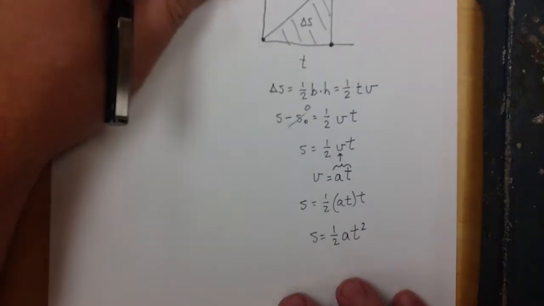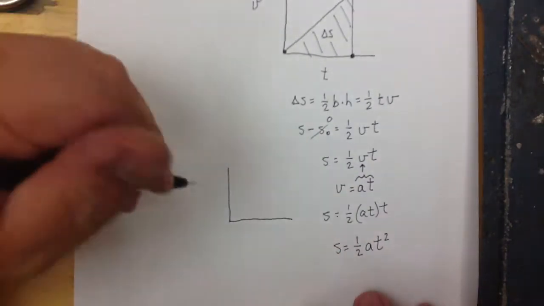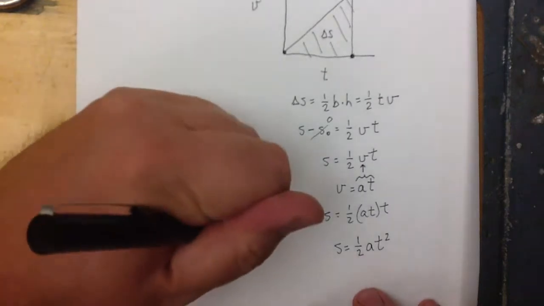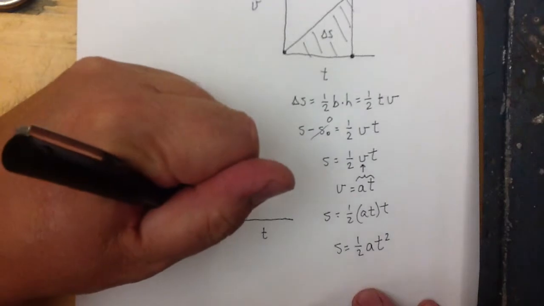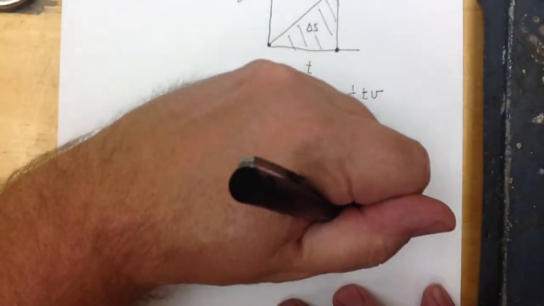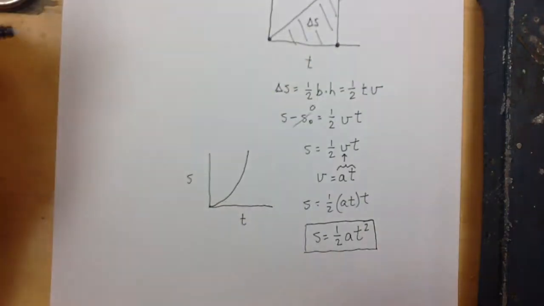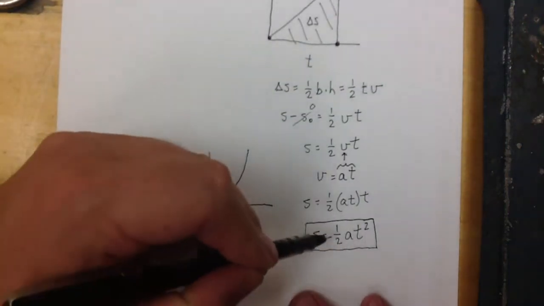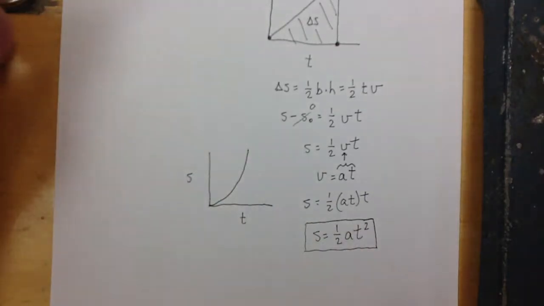Well, that's a good thing, because we know that on this type of position versus time graph, if we have constant acceleration, that creates a parabolic shape on the graph. And so here we have the position function for constant acceleration of position versus time.